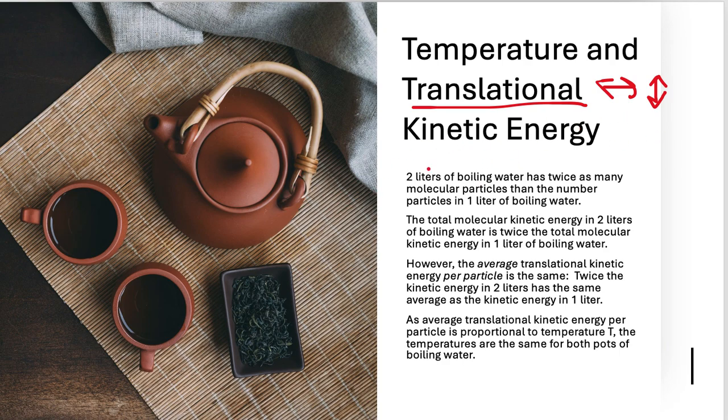Let's take a look at 2 liters of boiling water. 2 liters of boiling water has twice as many molecular particles as 1 liter of boiling water. The total molecular energy in 2 liters of boiling water is twice the total molecular energy in 1 liter of boiling water.